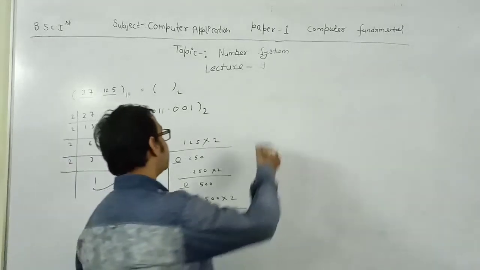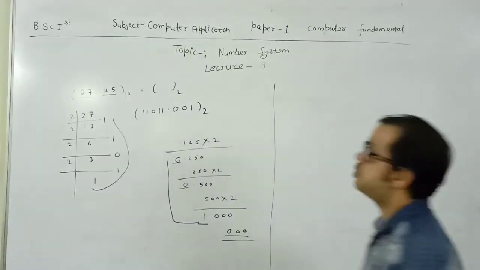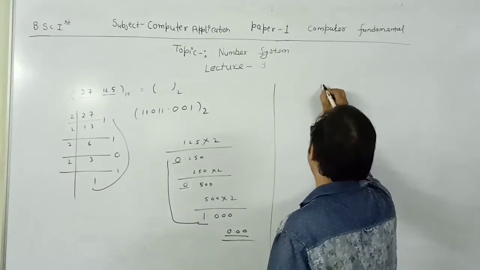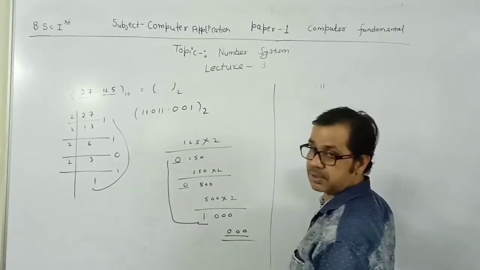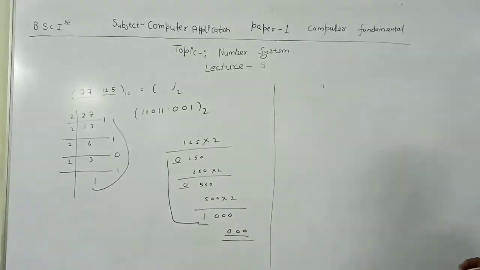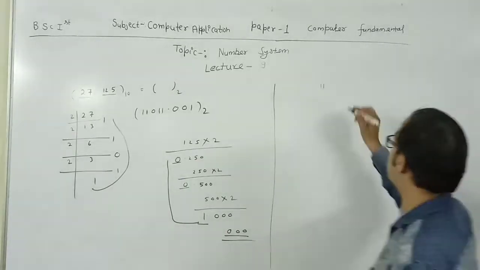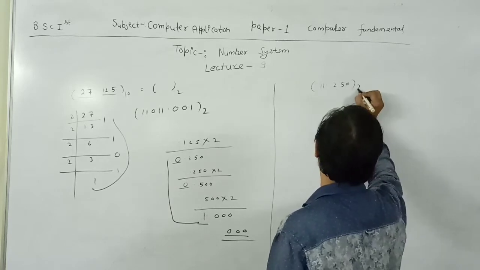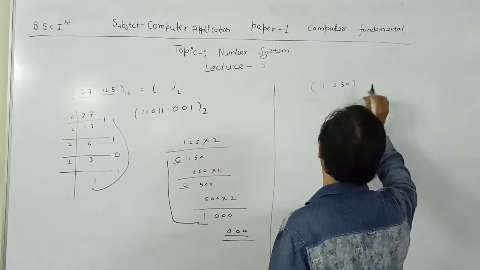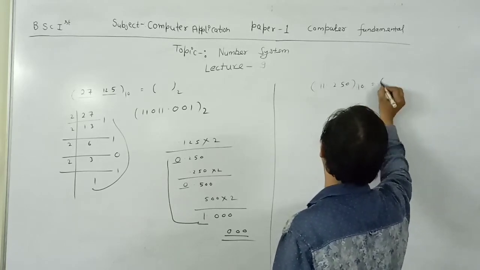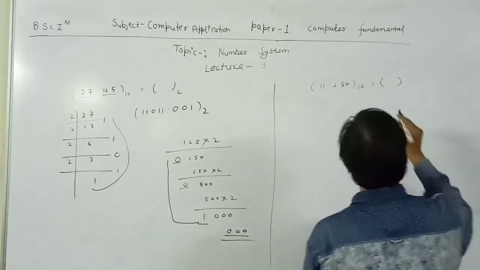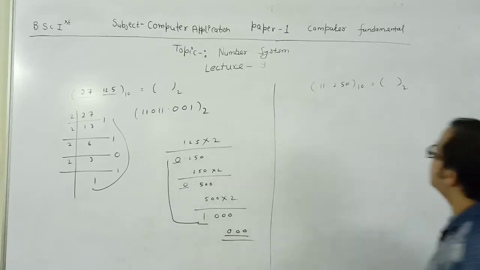One more question on this. So we take a number, 11.250. Now we want to convert this decimal number into binary.